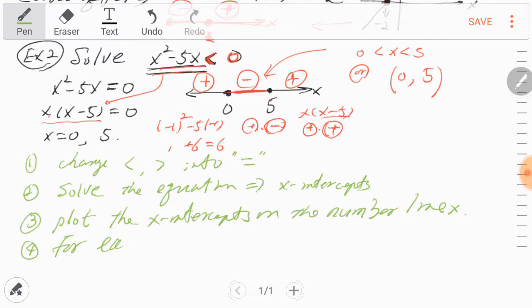For each interval, in this case there are 3 intervals, right? For each interval, find the sign of the function y.